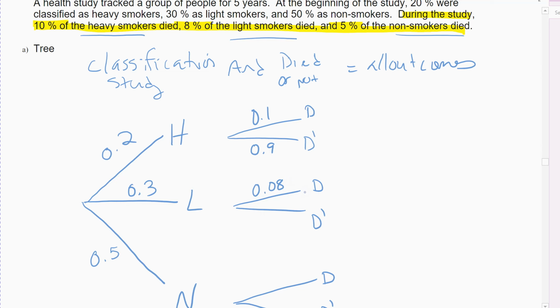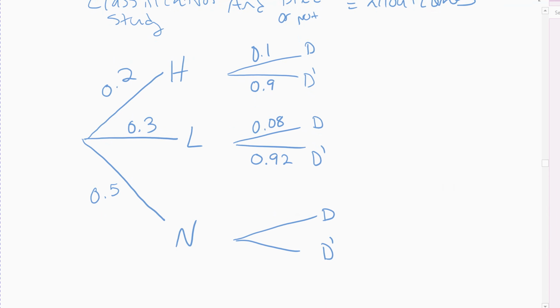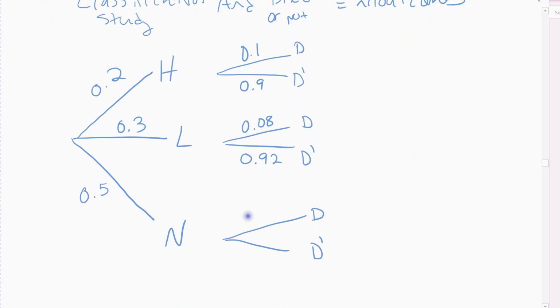So 8% of the light smokers died, which means 0.92 didn't. And 5% of the non-smokers, so 0.05, not 50%, died if they were a non-smoker, which means 0.95 didn't. 95% of the non-smokers didn't die during the study.